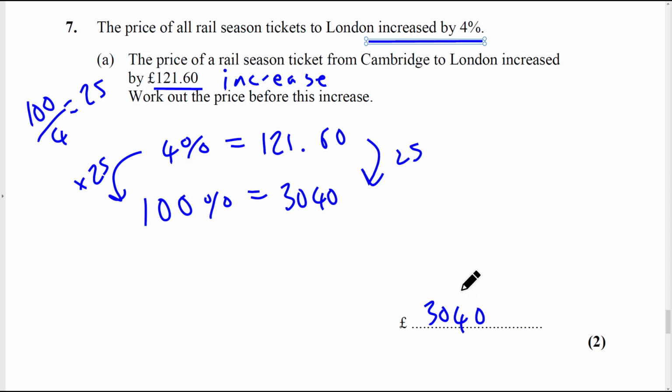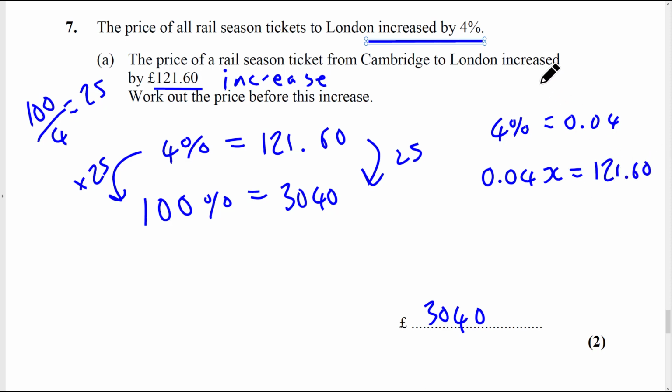Okay, and that actually catches a lot of people out. Now you could still do it the same way. We know 4%, be careful, is 0.04 as a decimal. So we know 0.04x, so 4% of something equals £121.60, with x being the original ticket price, right?